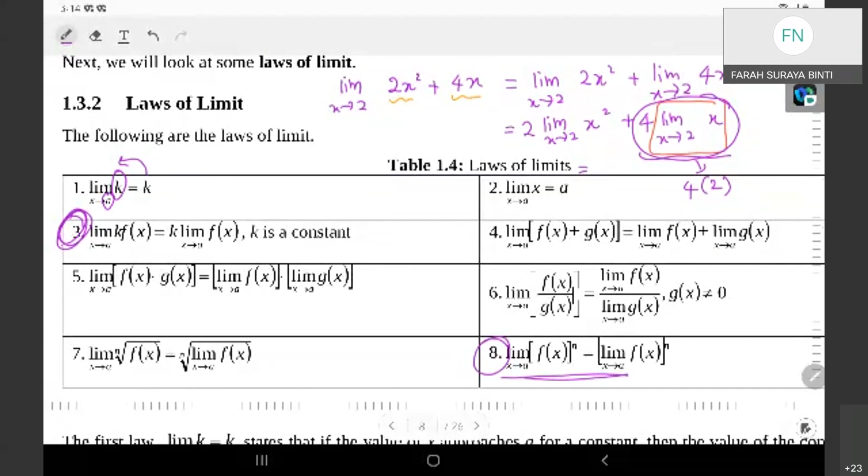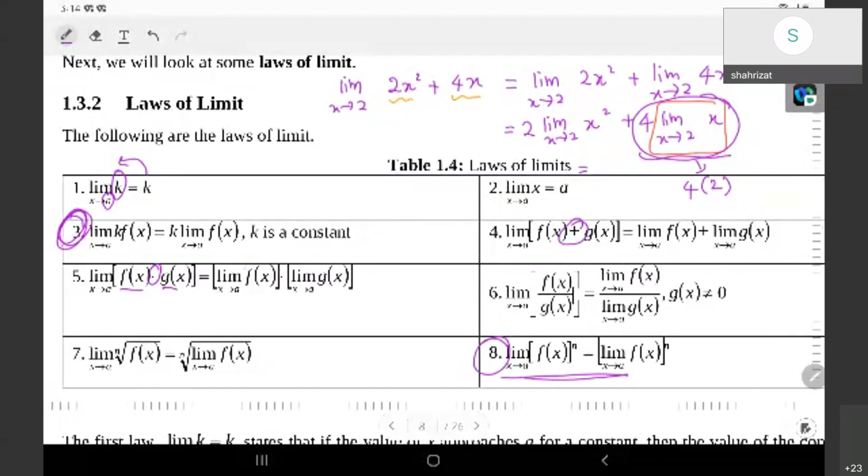Okay, tadi kita dah sampai limit number 4. Kalau ada two functions yang ada tambah ataupun tolak, kita boleh splitkan dia, limit tambah tolak limit lagi. Okay, and then number 5, if we have two functions, dua function juga sama macam tadi, tapi dua function tu darab. So we can apply the same concept as number 4.